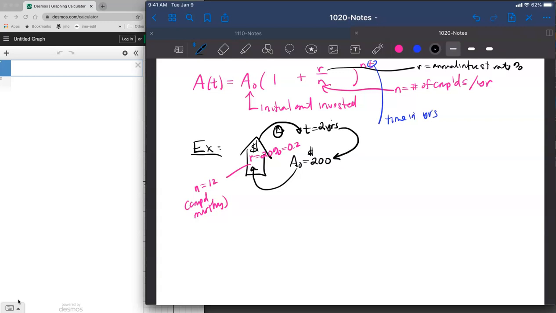The question is, how much money are you going to have in the bank after 2 years' time? This formula A is a function of t.